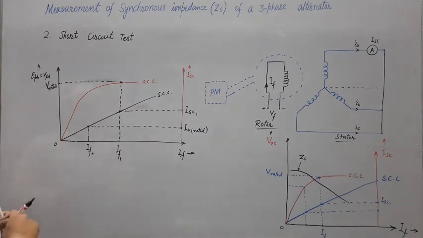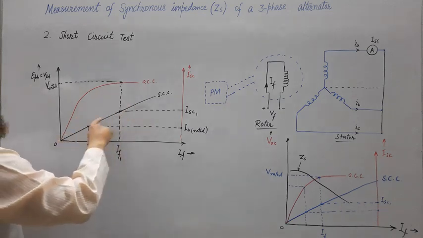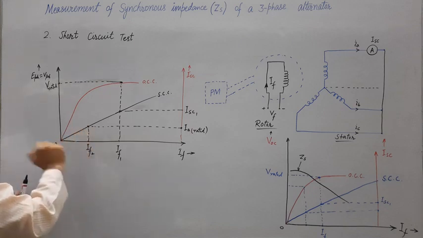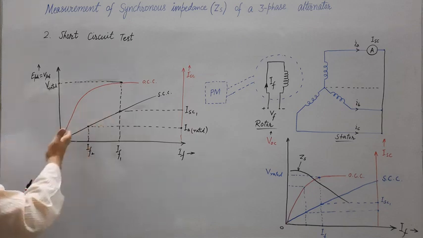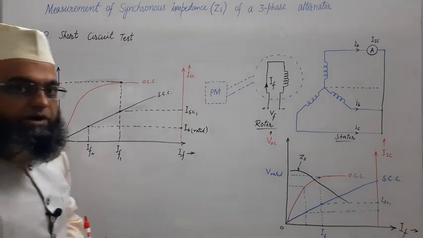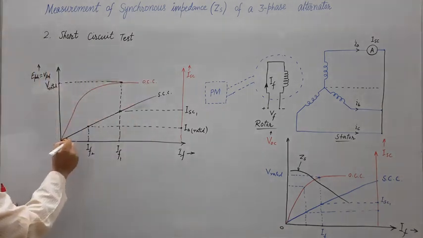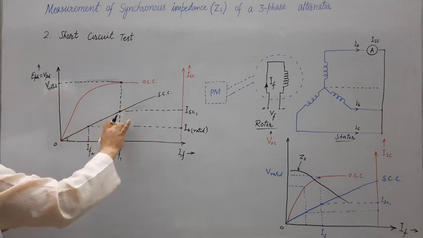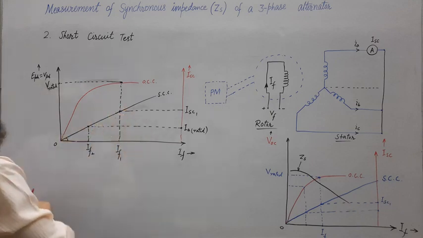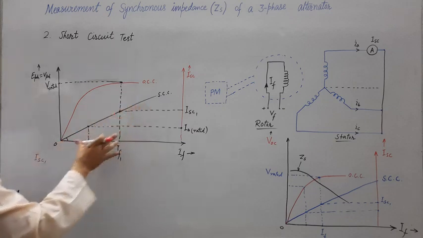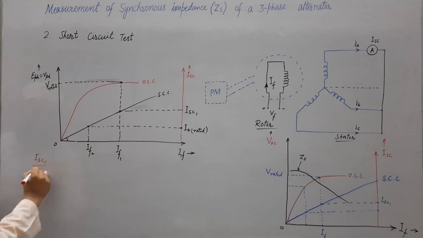How? We have one right angle triangle, this, and another right angle triangle, this. Obviously these two right angle triangles are always similar. Let us say this is some angle theta. If we take tan theta in this larger triangle, we may write ISC1, that is perpendicular, upon base, IF1.